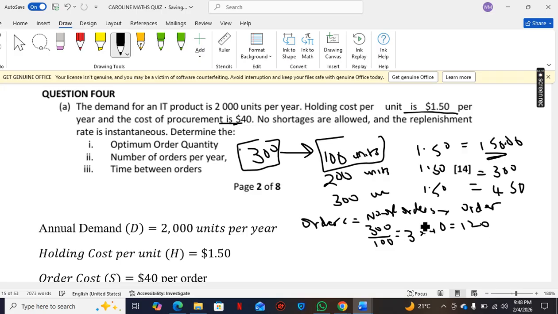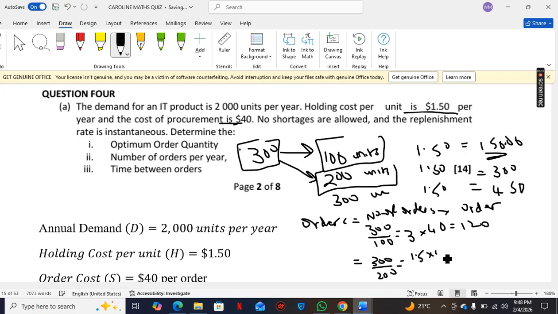If you decide, instead of ordering 100 units, let me be ordering 200 units at a go, what you notice is your number of orders will start reducing. 300 divided by 200 is 1.5 orders, which you can just round off to 2 orders.